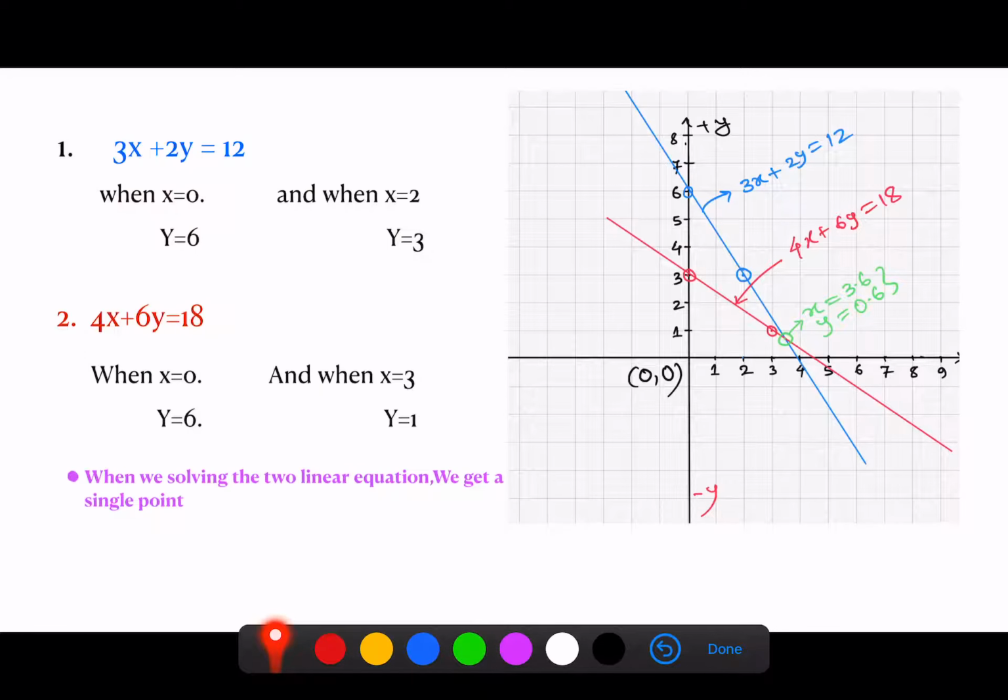I will plot these two graphs, and you can see the intersection point is x equals 3.6 and y equals 0.6. When we solve it, the intersection point is not an integer value but a fraction value.